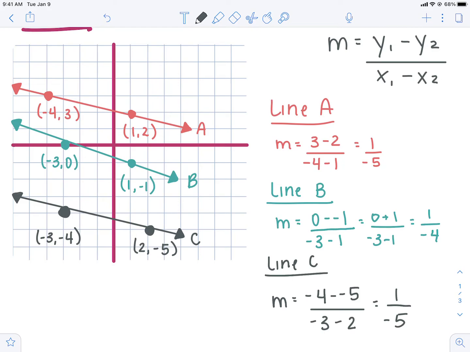So we can say that line A and line C are parallel because they have the same slopes.